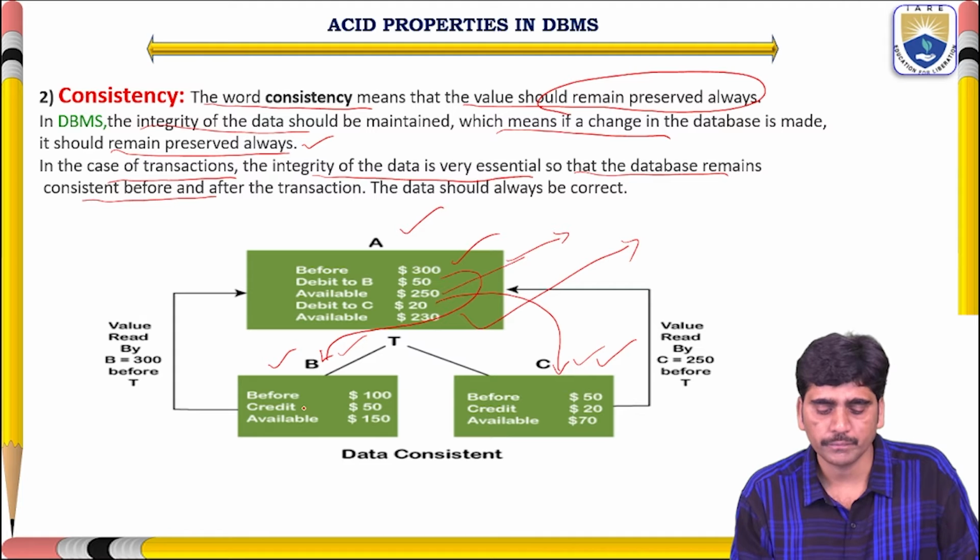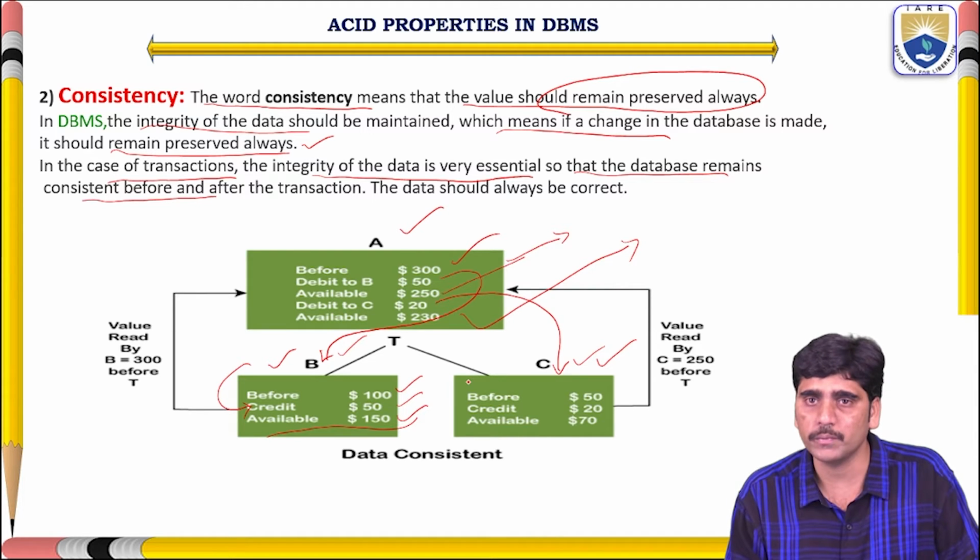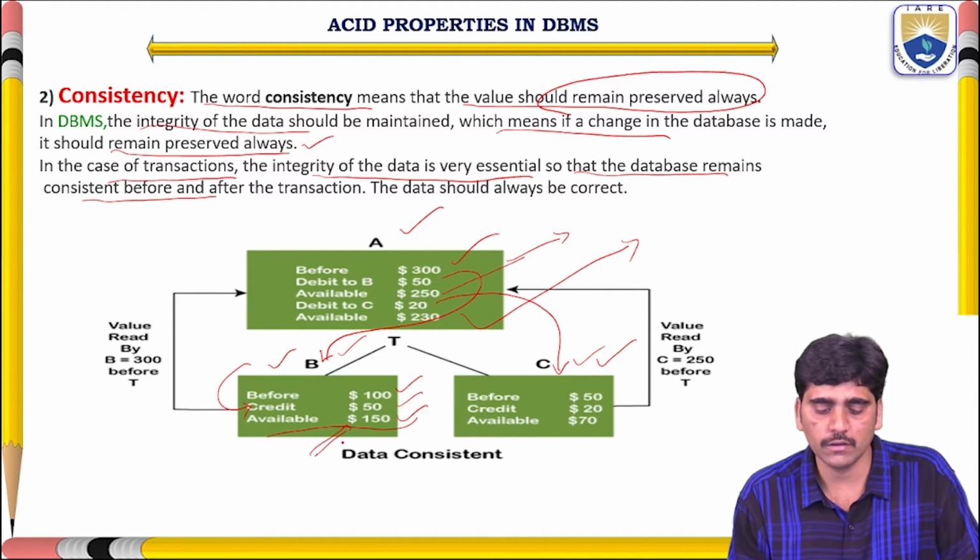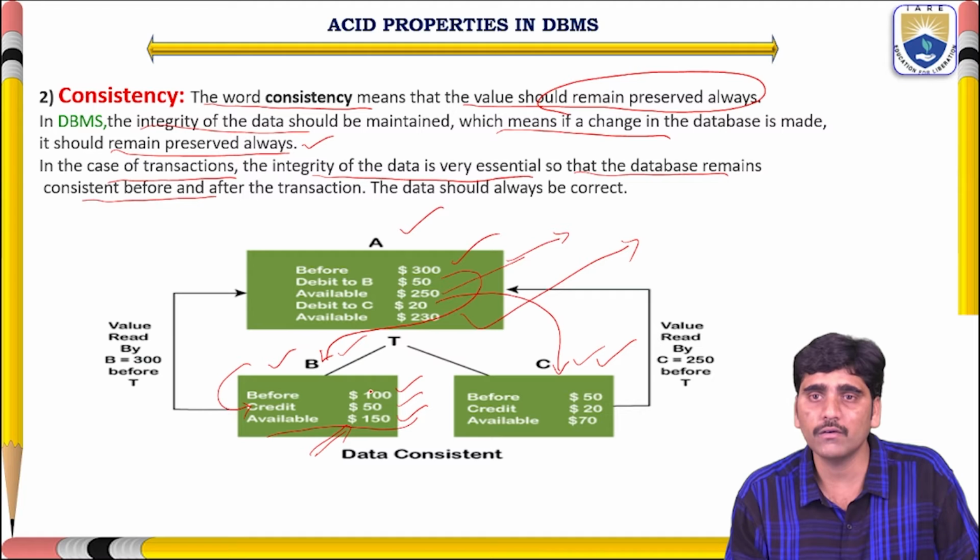So what will happen? Before crediting 50 rupees, B account holder has 100 rupees. After crediting, the available balance is what? 150 rupees. So the data is maintained in a unique as well as consistent manner, because the amount debited from A account always remains the same as the amount credited to B account holder. There are no errors, there are no partial executions.